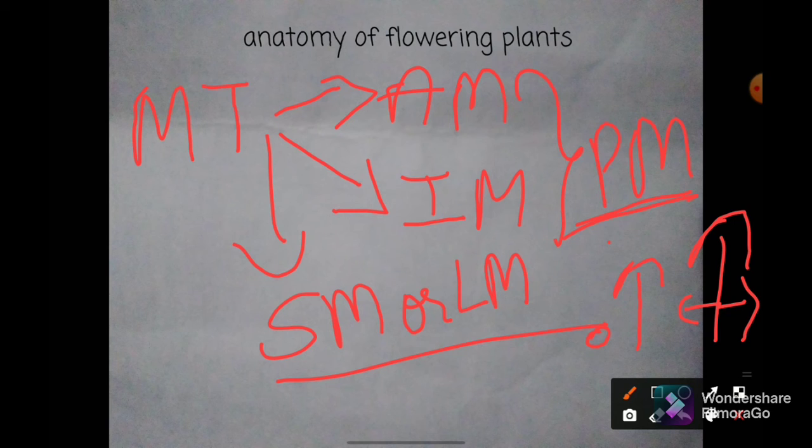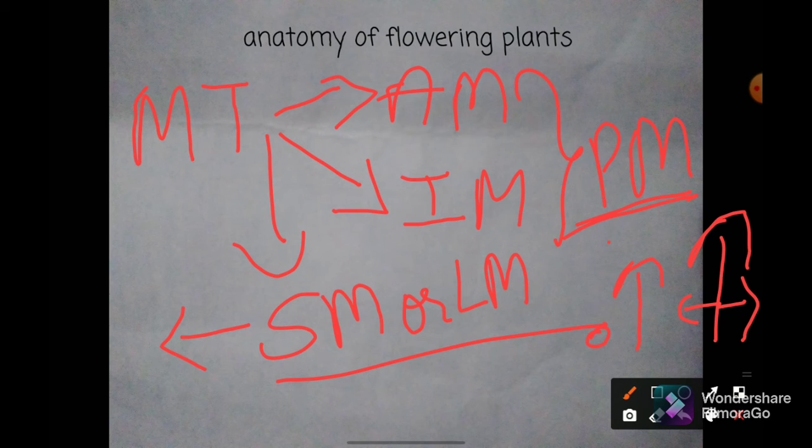They are cylindrical meristems. Fascicular vascular cambium, interfascicular cambium, and cork cambium are the examples of lateral meristem or the secondary meristem. You will study this cambium when you learn about vascular bundles.